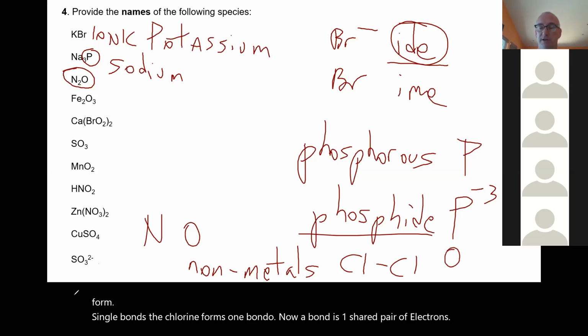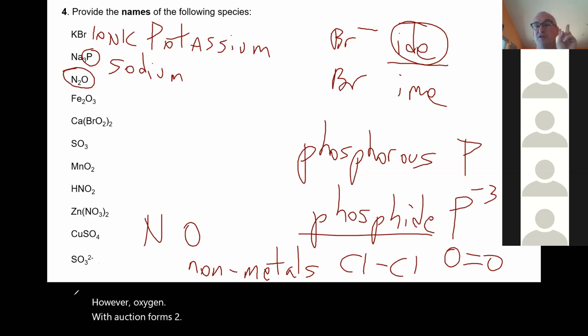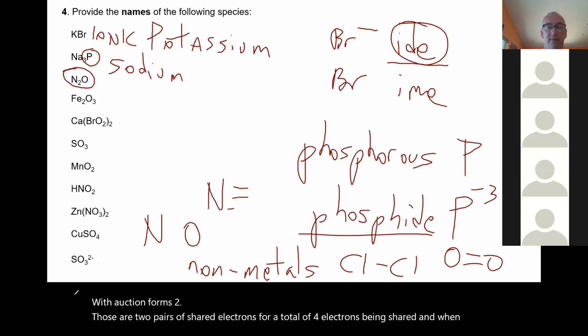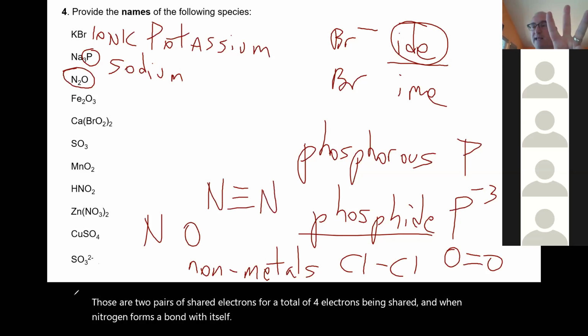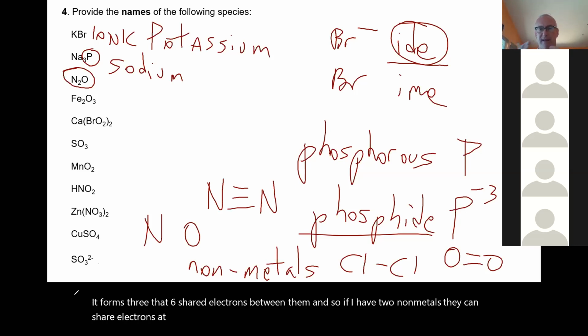However, oxygen with oxygen forms two. Those are two pairs of shared electrons for a total of 4 electrons being shared. And when nitrogen forms a bond with itself, it forms 3. That's 6 shared electrons between them. And so if I have two nonmetals, they can share electrons in all kinds of ways, and just by looking at them, I don't know.